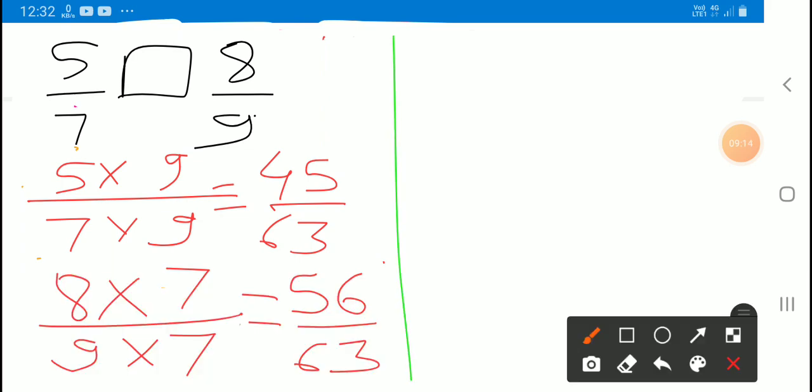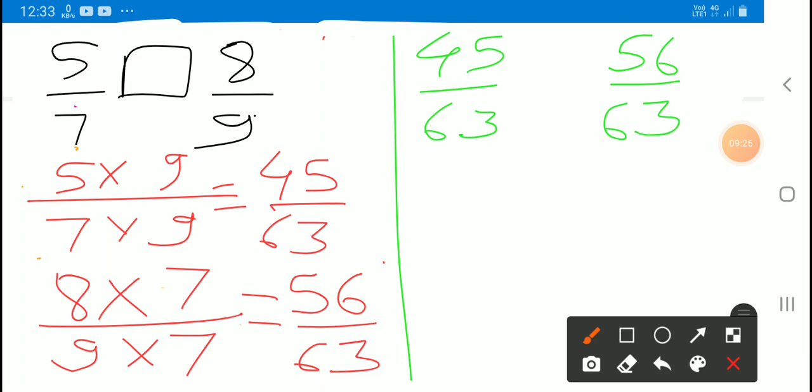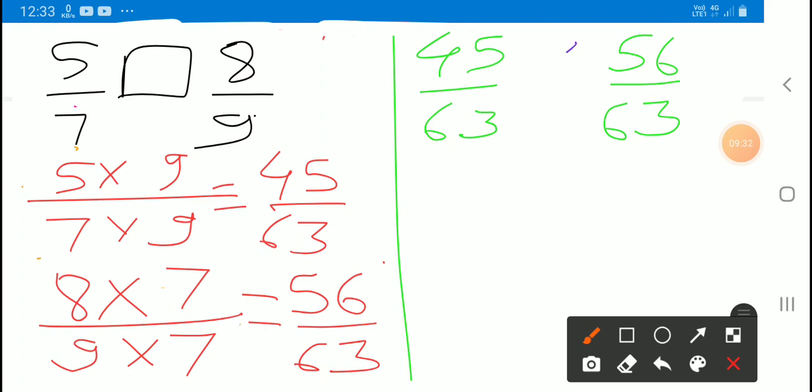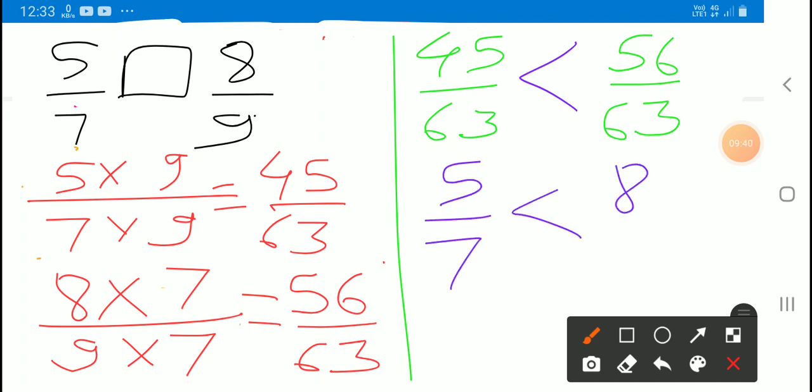Look here, 5 upon 7 we converted into 45 upon 63 and 8 upon 9 we converted into 56 upon 63. Now which is greater? Here 56 is greater than 45. So 5 upon 7 is less than 8 upon 9.